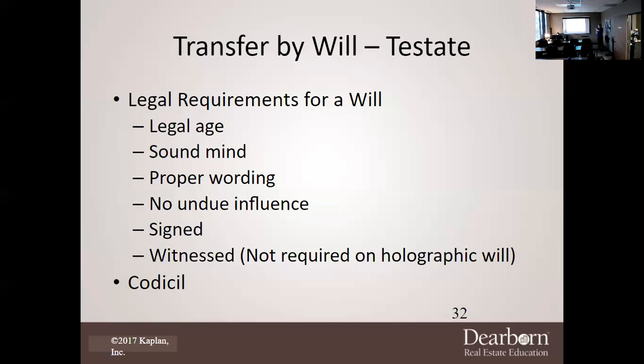That's undue influence. Can't do that. And it has to be signed and witnessed, but witnessing is not required on a holographic will because you can't really witness that all the time. And if there's going to be a change to that will, you use what's called a codicil.